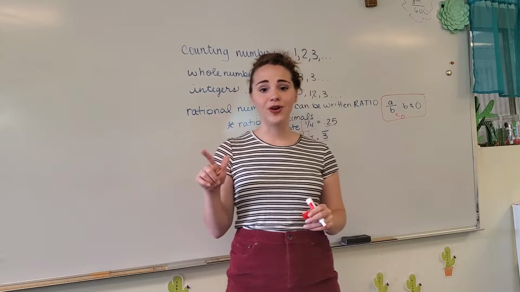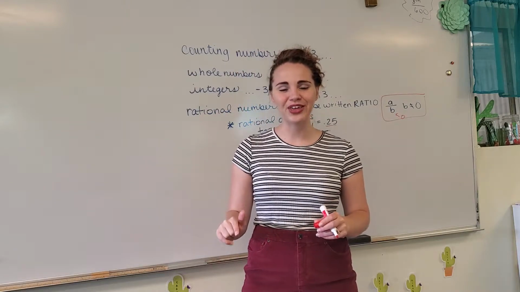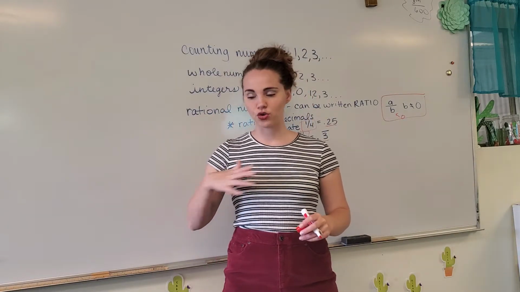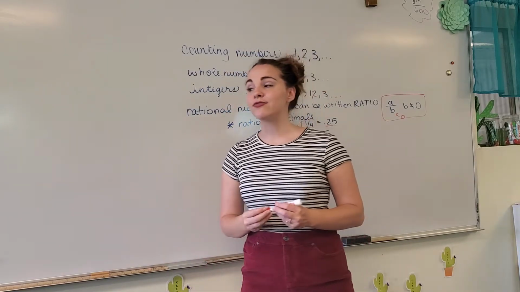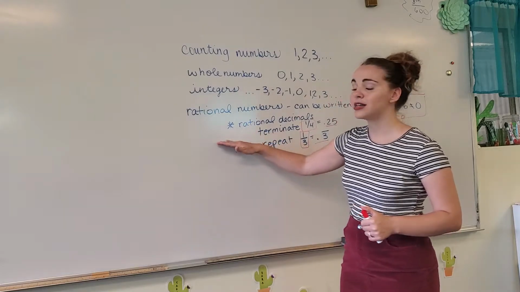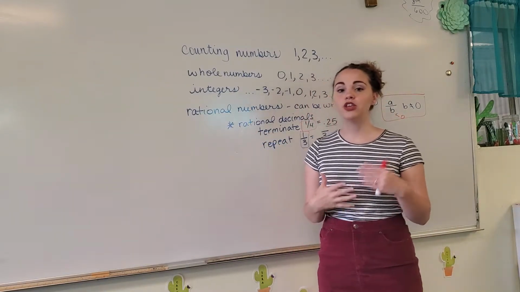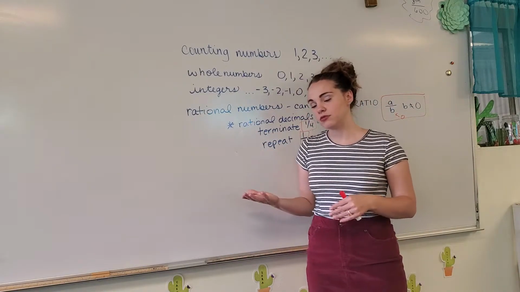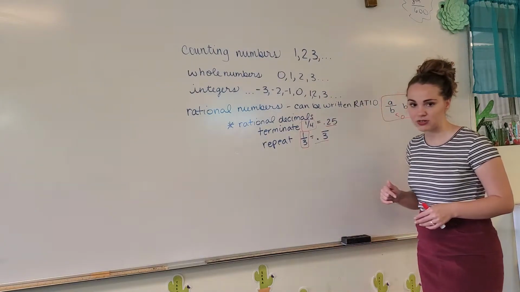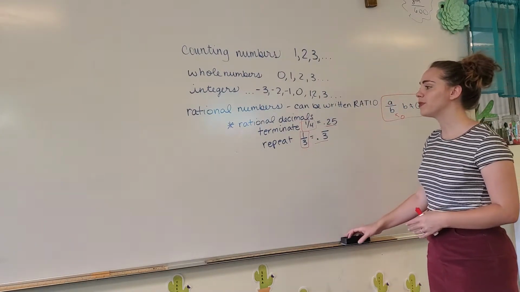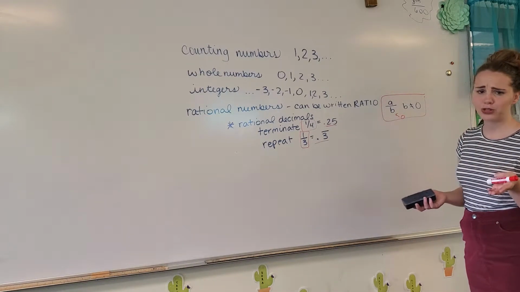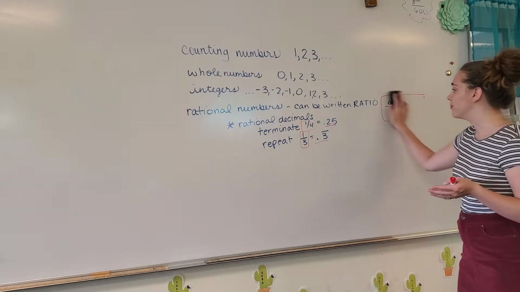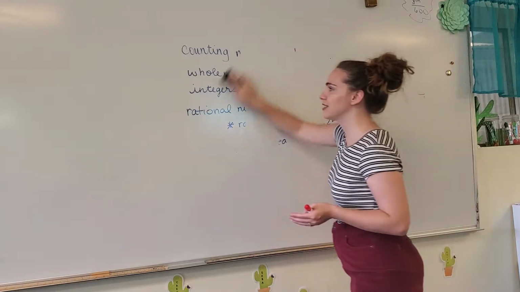Sometimes when you divide two decimals on your calculator, you end up with a crazy long number. But if you divide a fraction with a whole number on top and a whole number on bottom, you end up with something that either terminates or repeats. So we'll move on from that. Make sure you have this written in your notes. It's important to know these definitions.